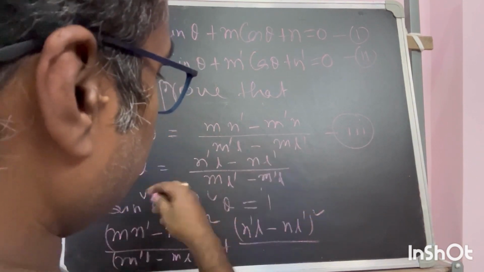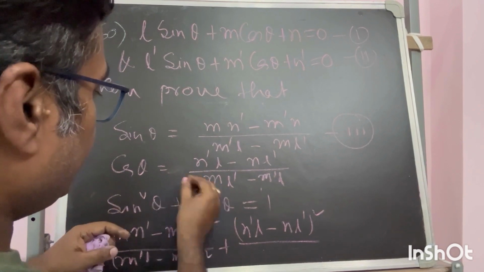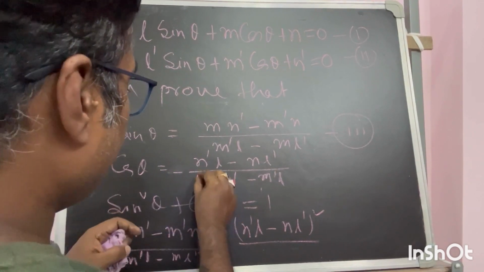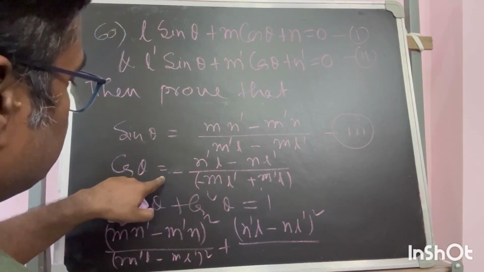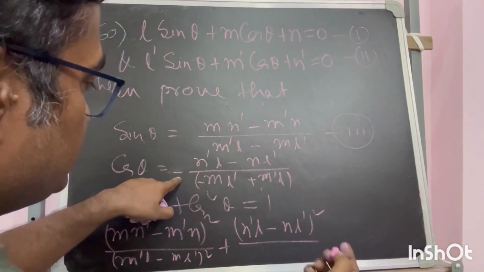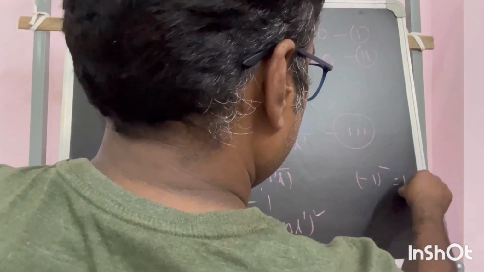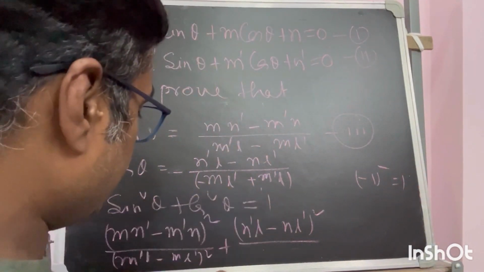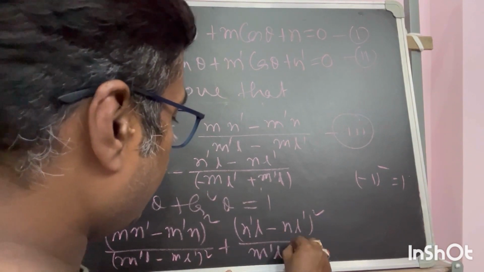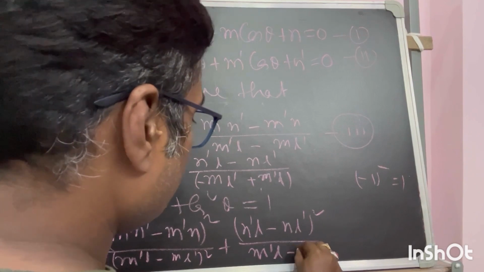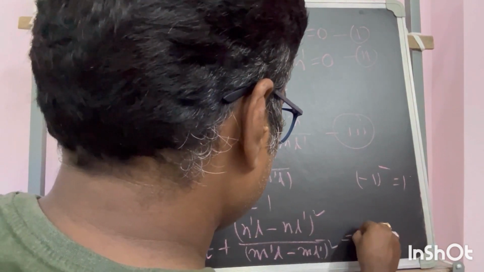But if I take the sign here, instead of that, and if I reverse it and if I square it up, so something minus 1 square, that means also 1, minus 1 whole square, that is also 1. So it won't change, so I can change the sign here in the bottom, so I can keep the same arrangement as in the first term. M L dash whole square, that is equal to 1.